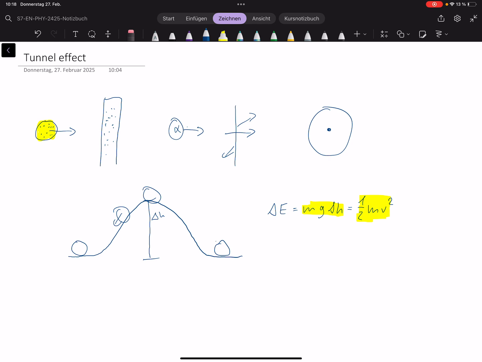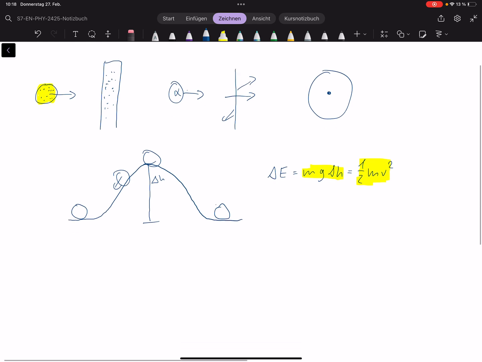Now if again we reduce the football to a quantum object, what can happen is that even if the speed of the football is not big enough, it might just take this way to reach that position.